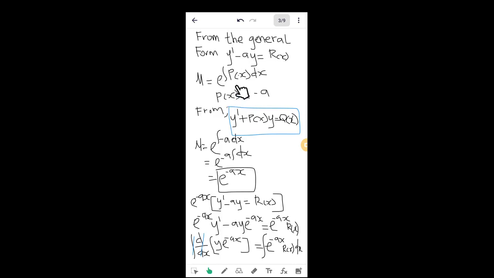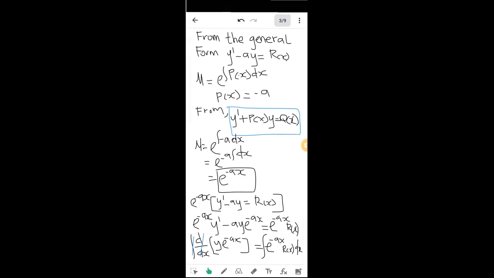So I am proving how we came about the D operator formula. So I know that, by comparing to the first order linear differential equation, my P of x is minus a, and my Q of x is represented here as r of x.